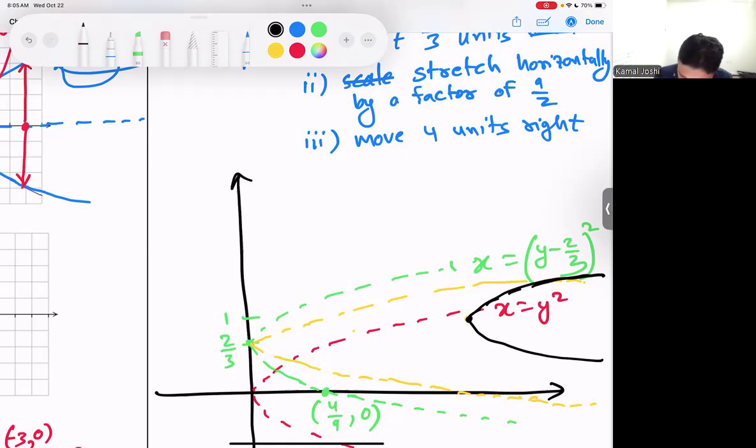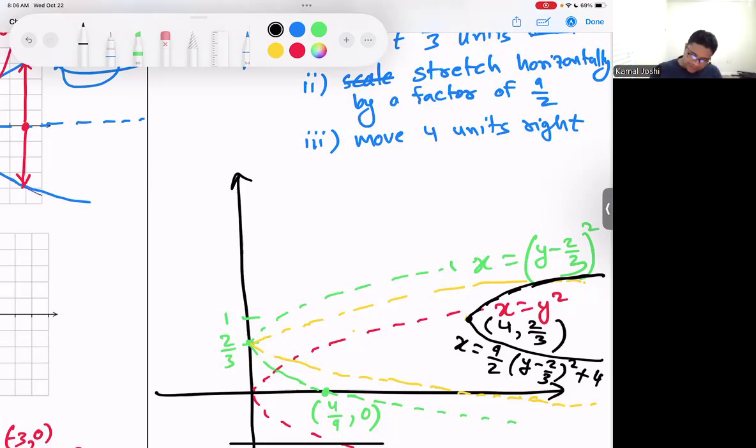Okay, and that equation would be x equals 9/2 times y minus 2/3 squared plus 4. Okay, and the vertex, by the way, if you ask me where is the vertex, x is 4, y is 2/3.